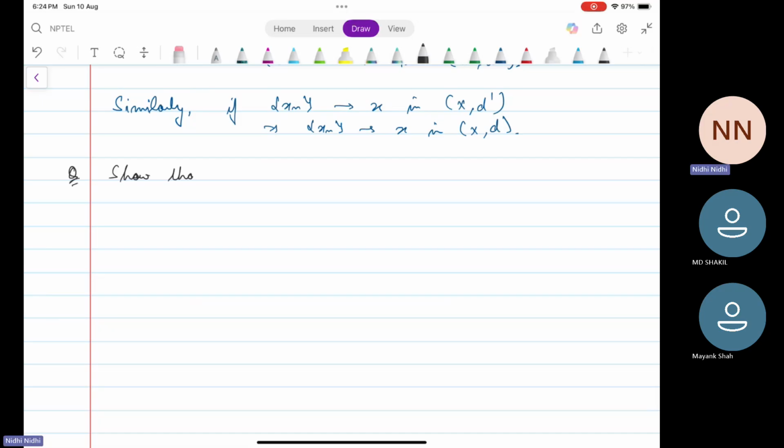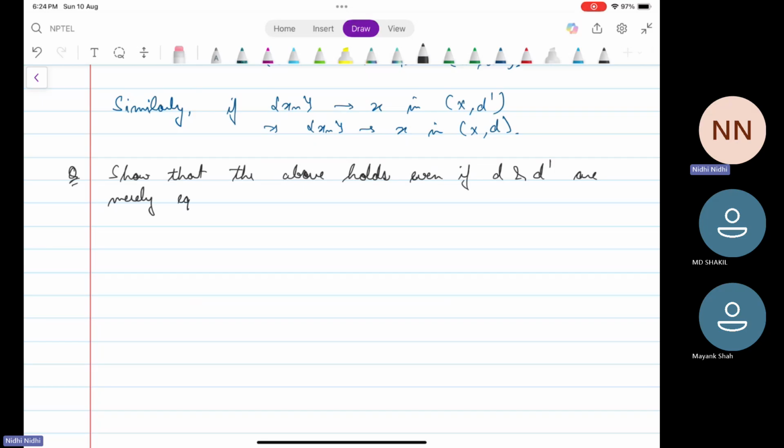Show that the above holds even if d and d' are merely equivalent.